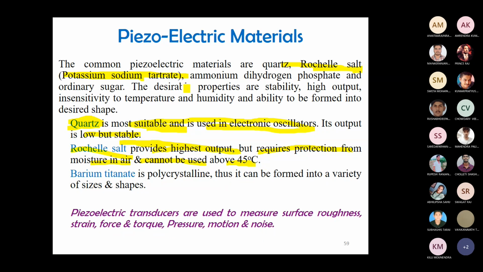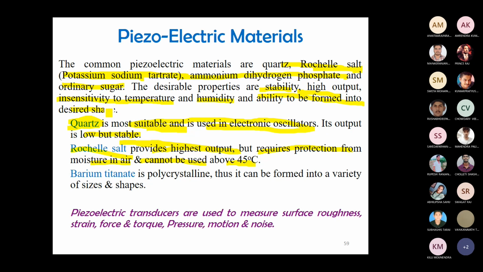Barium titanate, aluminum dihydrogen phosphate, and even ordinary sugar are also piezoelectric materials. The desired properties are stability, high output, insensitivity to temperature and humidity, and the ability to be formed into the desired shape.